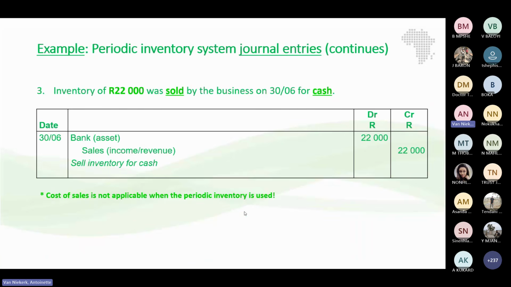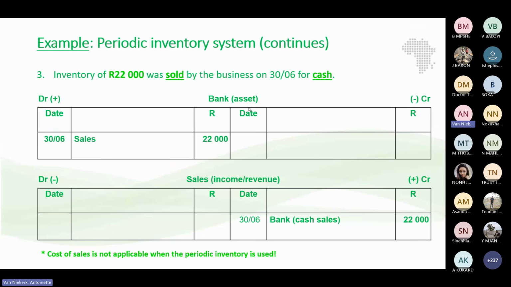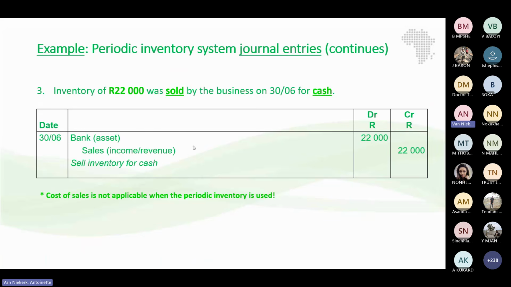Here we show you again how this transaction will look in the journal. The bank account was debited with 22,000 Rand. So if we go back, we say bank. I just gave you a bit more information.